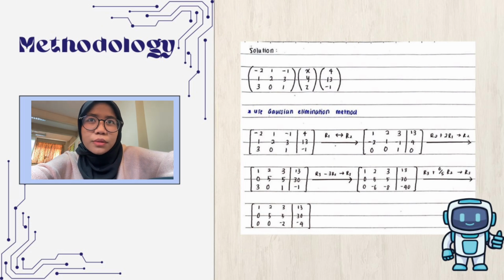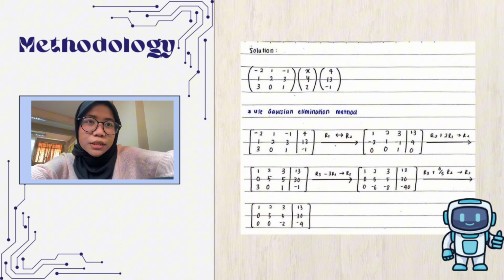First, we swap row 1 and row 2 to make the first element of the first row non-zero. So we get 1, 2, 3, 13 for the first row, and negative 2, 1, negative 1, 4 for the second row, and the third row remains the same.